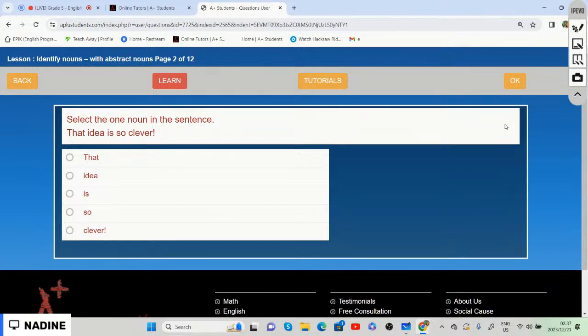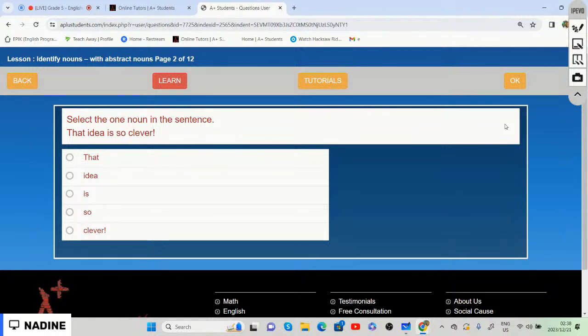All right, so if we look at the abstract noun, remember, abstract nouns are basically thoughts. It's things that you think of. A lot of you are saying idea, because an idea is something that you are thinking of.